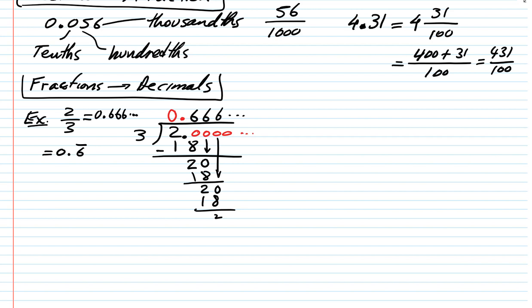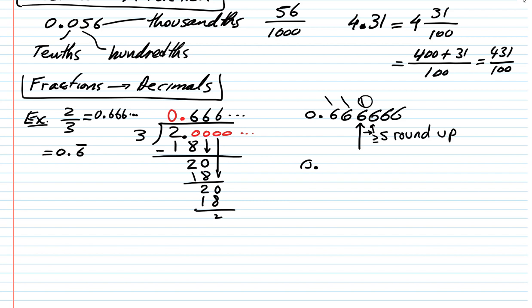And of course, we can round this. If you want to round 0.66666, let's say to the nearest thousandths, you look at the digit immediately to the right of this. If this digit is greater than or equal to 5, we round up to the next higher digit.